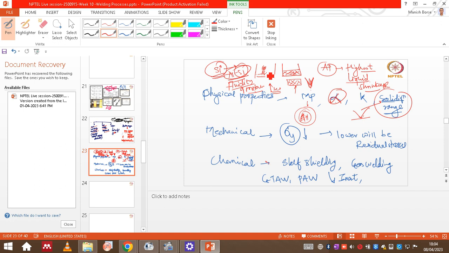Okay. So because of the higher fluidity from silicon addition, more heat will be available at the interdendritic region, because silicon has a higher latent heat, we can say.